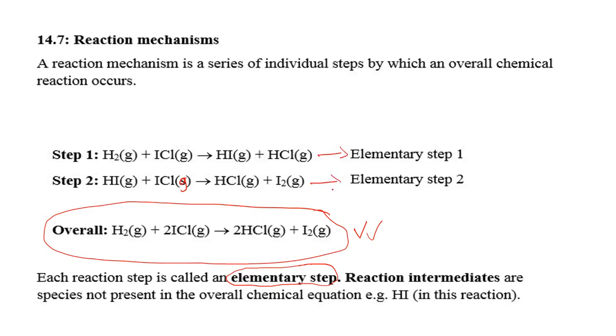This reaction is elementary step 2. The overall chemical reaction is when all the elementary steps are added to give a resultant reaction or a net reaction. A chemical reaction we get after adding all the elementary steps.